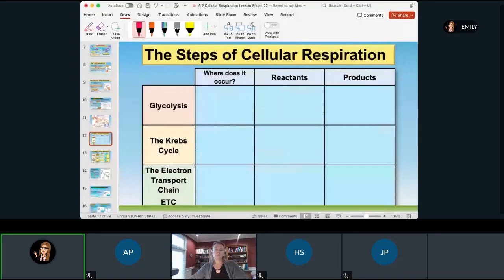So let's review this and make sure that we're all on the same page here. Where does glycolysis occur? Where does glycolysis take place? Good, in the cytoplasm.